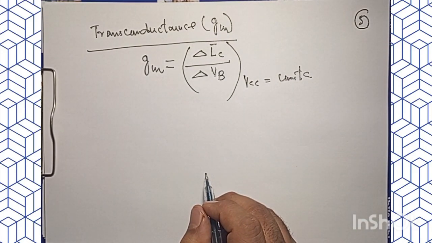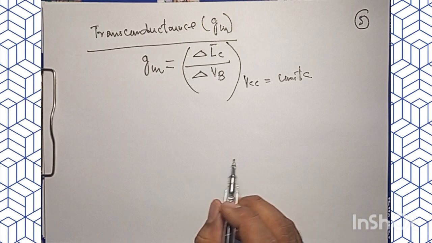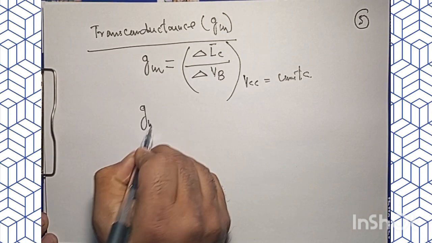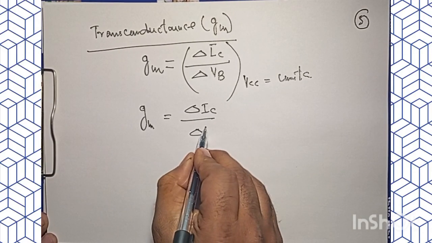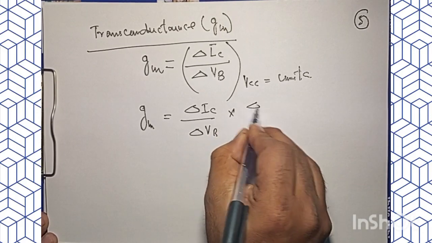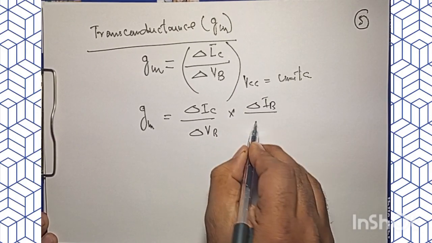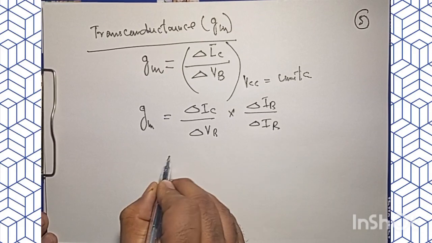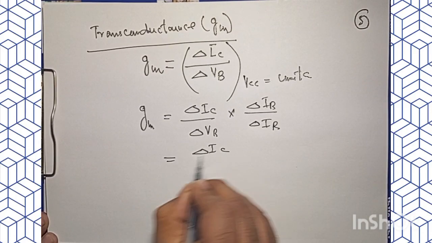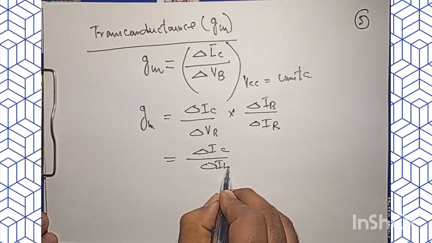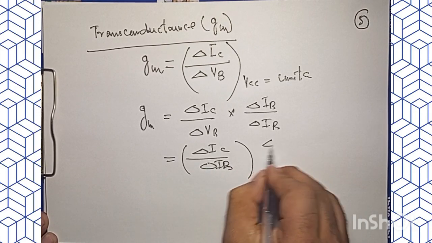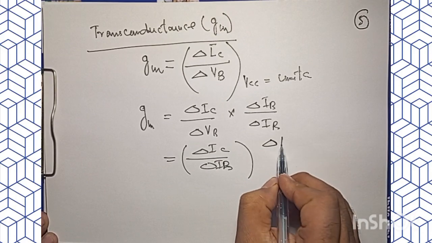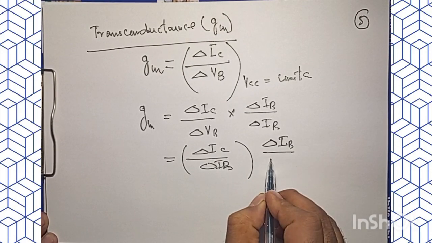So if we want to calculate this transconductance, we can think of GM as delta IC by delta VB times delta IB by delta IB. So here we will have delta IC by delta IB times delta IB by delta VB.